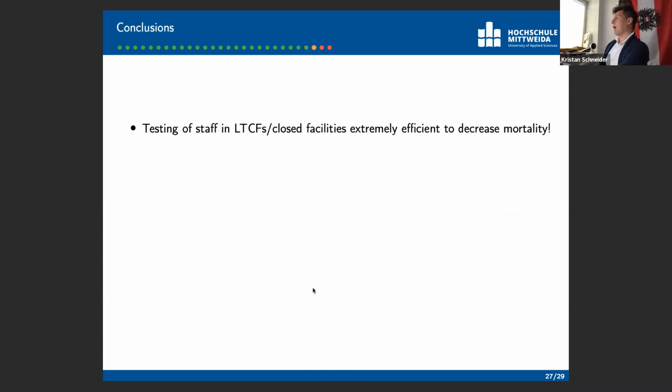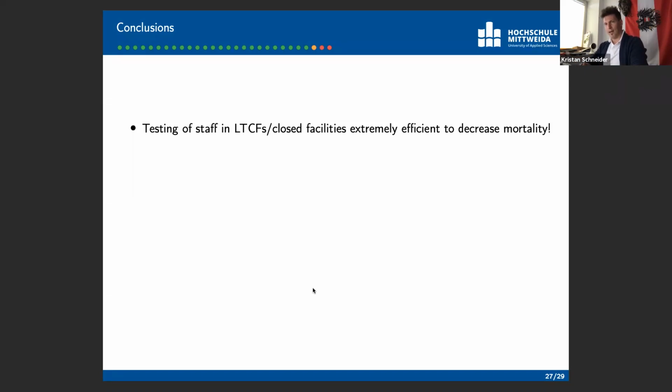Good. Now let's sum it up. What the model says pretty clearly is that testing the staff in long-term care facilities, or in closed facilities in general, is extremely efficient to decrease mortality. We had like a 10-fold reduction in mortality under the most conservative intervention.